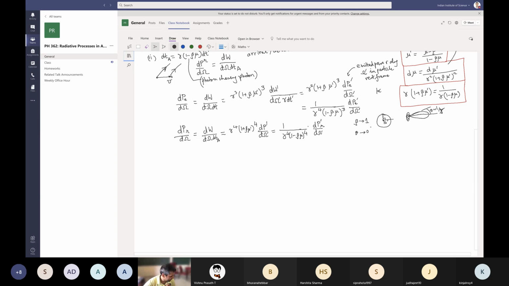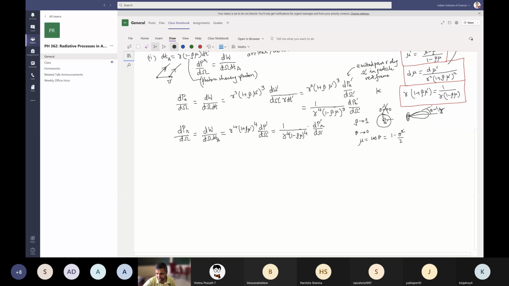What do we get in that case? mu equals cos theta, in the lab frame, which is 1 minus theta squared by 2. In the particle rest frame it's isotropic, so theta prime is not close to 0, but for most of the power coming out, theta is close to 0.